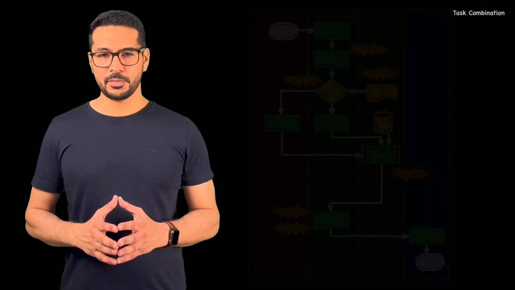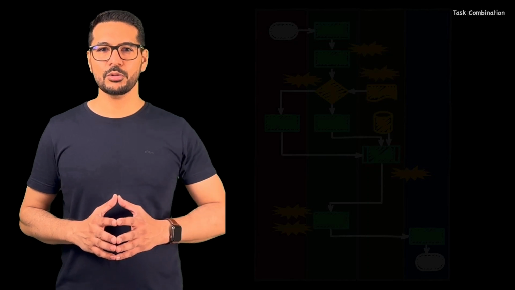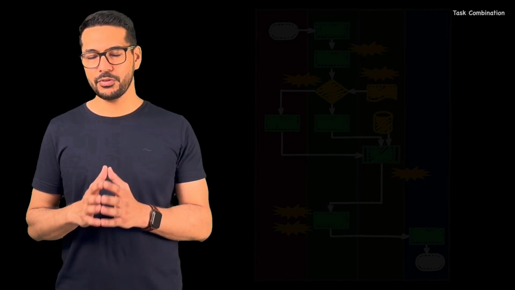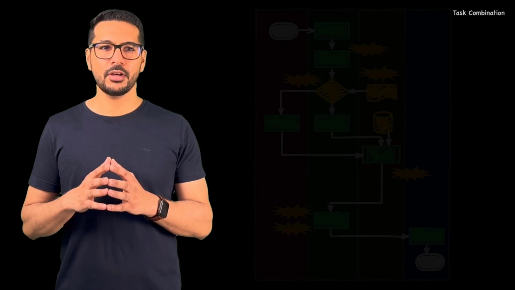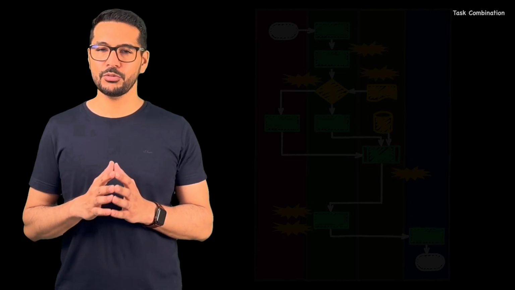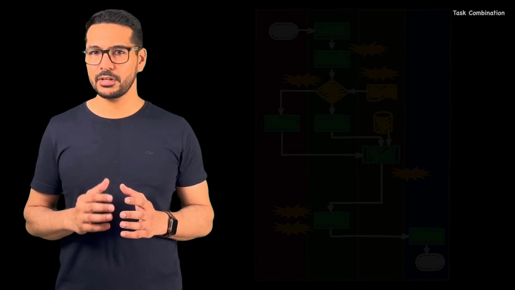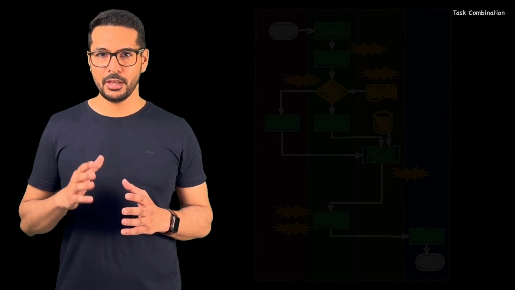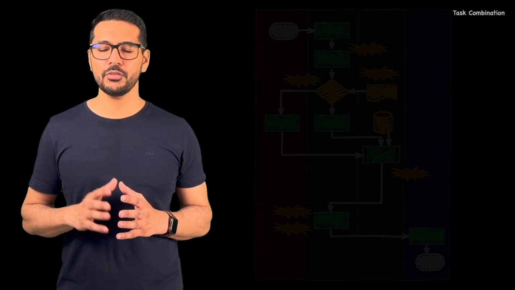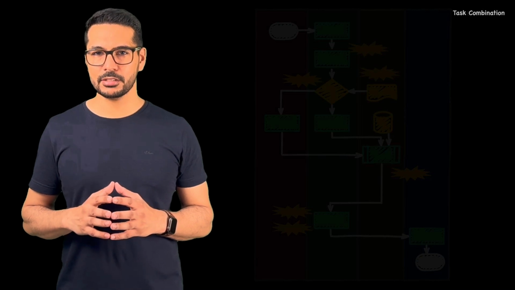Similar to the last part, where we saw how to use the 8 types of waste as a checklist in our process flow diagram to see if we have any type of waste anywhere, in this part we are going to see if we can apply task combination.